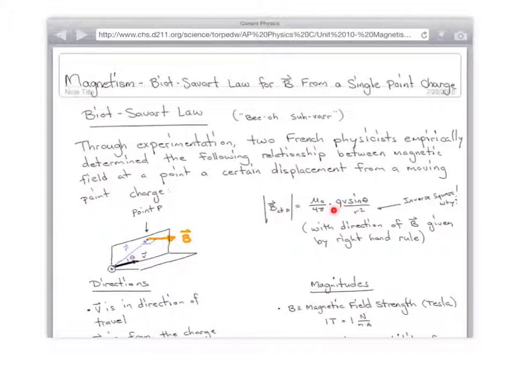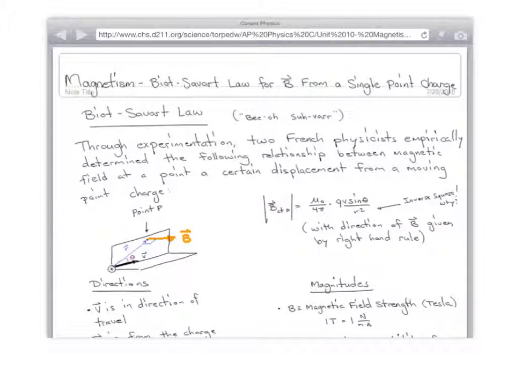And of course, if there's no charge, is there any field? No, so charge matters. So charge matters, velocity matters, and here's the weird part. Angle matters as well. And when I say angle, I mean the angle in between the velocity vector and the r vector.